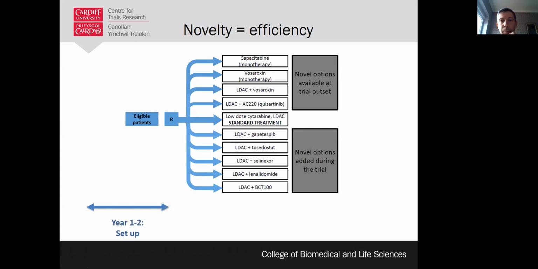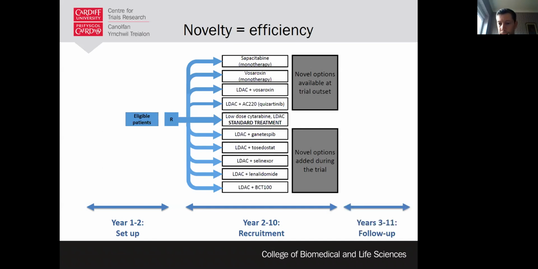Obviously, with a number of novel drugs to put into a protocol and to convince hospitals that this is the best way to treat these patients, we need additional setup time. Longer recruitment time, obviously, because we're assessing 8, 9, 10 novel agents rather than 1 or 2, but that recruitment time can be sequential rather than the inefficient design of the 2-arm trial that we mentioned earlier.